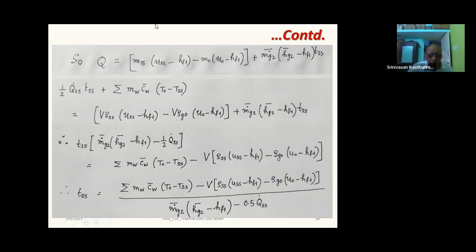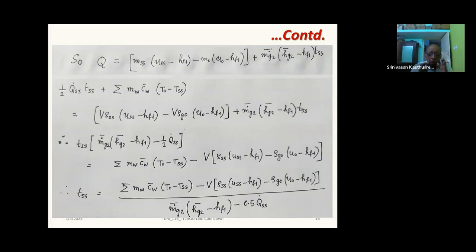So we can write it like this: M_SS multiplied by (U_SS minus h_f1), closed bracket, minus M_0 into (U_0 minus h_f1), bracket closed again, the whole thing bracketed, plus m dot g2 (h_g2 minus h_f1) into t_SS.